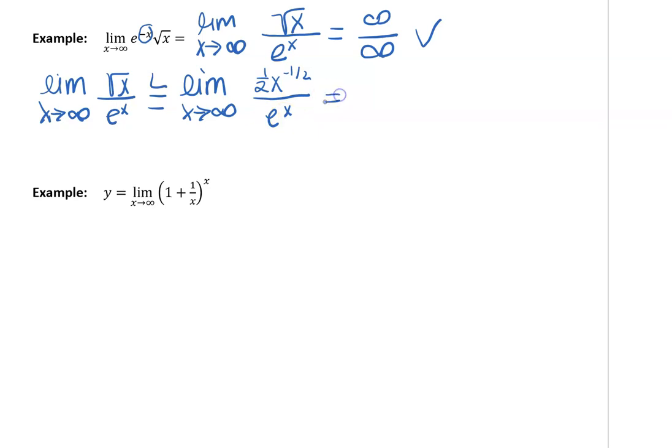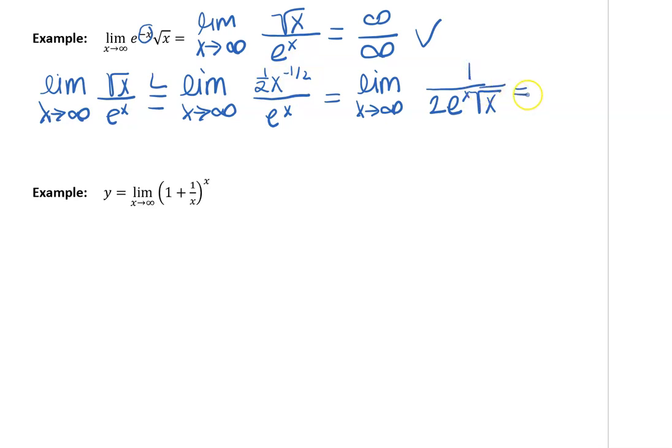Now I'm going to clean that up, so I'm just going to say equal to the limit as x approaches infinity, because right now it doesn't look like it's going to give me a value, but I think if I manipulate and move this around, let's see, we're going to have the 1/2, we have the e to the x, and then since this is negative, I can put it on bottom, and this is really my value.